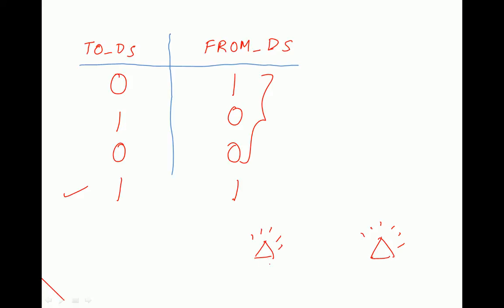Access point 1 and access point 2. Access point 1 is connected to its own wired network, as well as access point 2 is connected to its own network. The wired network connected to access point 1 is going to be the distribution system 1, and the wired network connected to access point 2 is going to be the distribution system 2.